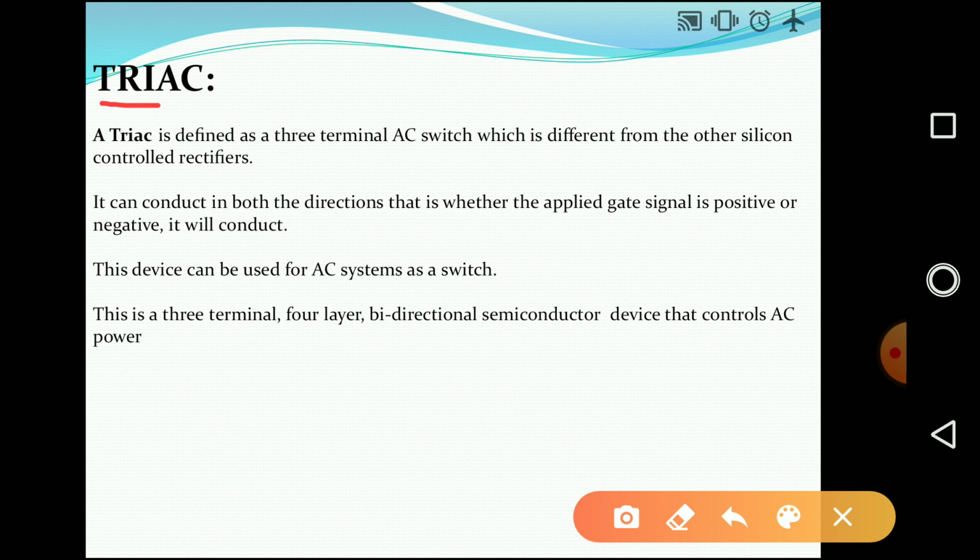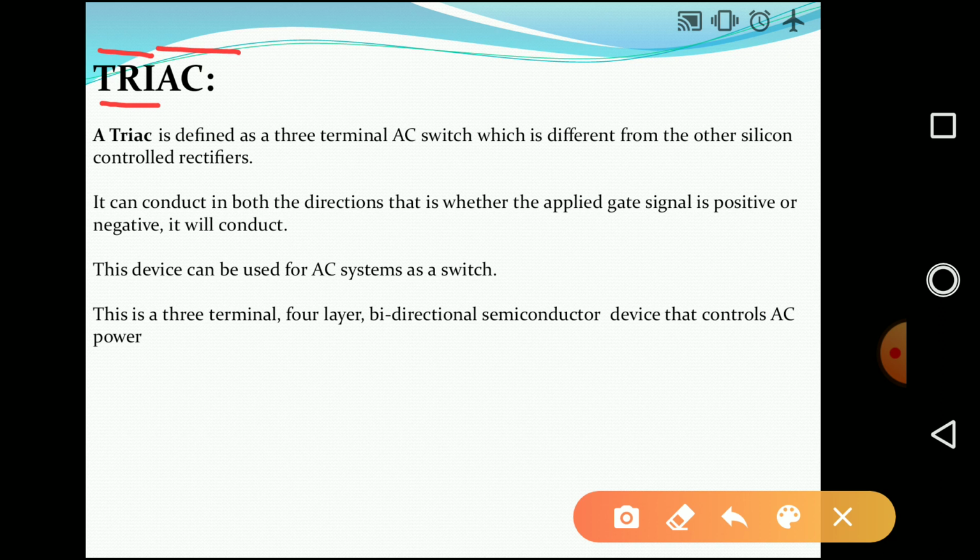This device can be used for AC systems as a switch. I have already explained that all power semiconductor devices are normally used as electronic switches. Here the name indicates that it is tri plus AC, so it is meant for AC power, and tri means it is a three-terminal device.